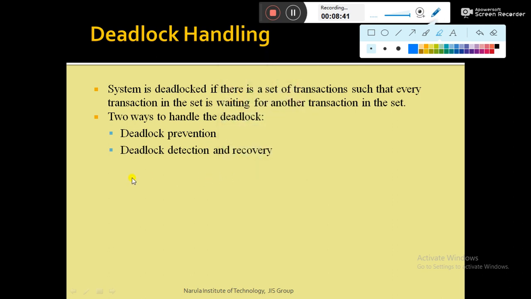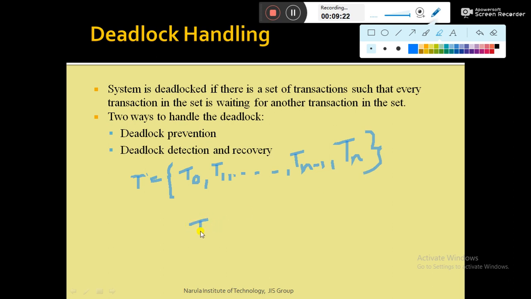Suppose T is the set of transactions, and suppose the set consists of T0, T1, dot dot dot, Tn minus 1 and Tn. Suppose these are the transactions which are currently executing in a computer system: T0, T1, T2, dot dot, Tn. So n transactions are executing.